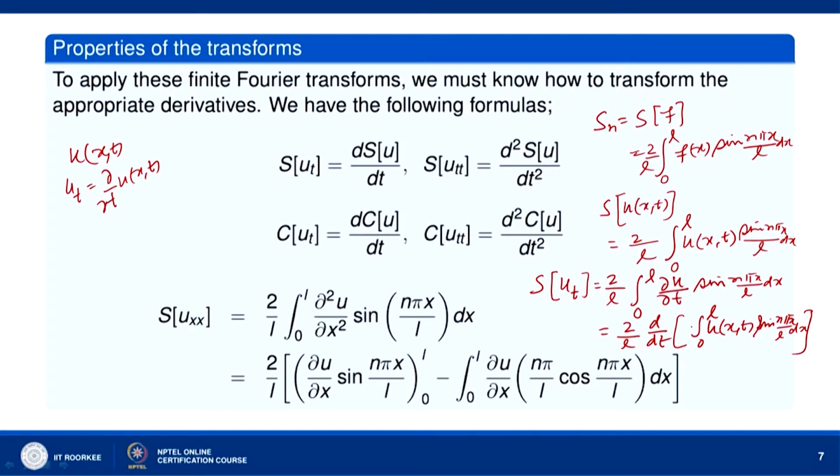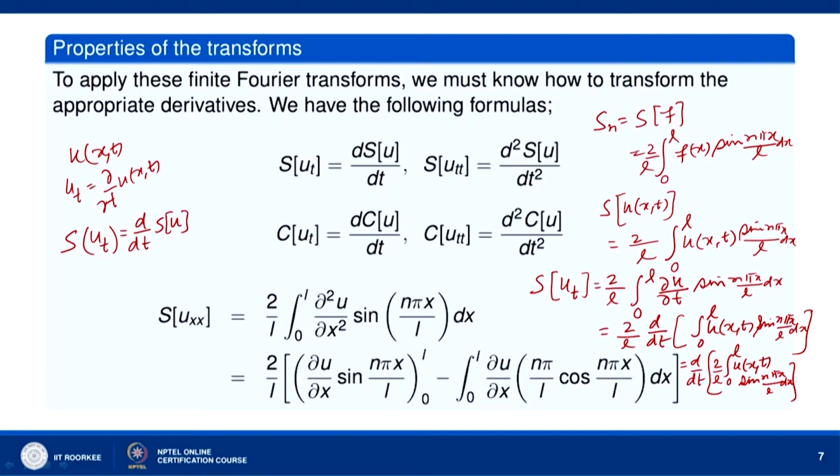Okay. And this 2 over L we can take inside. So, we have d over dt of 2 over L integral 0 to L u(x,t) sin n pi x over L dx, meaning that S of ut is equal to d over dt of S of u.